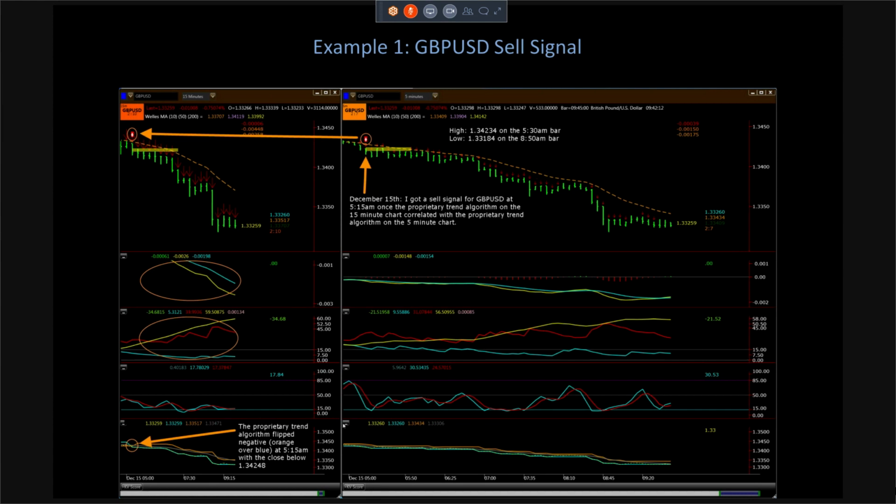So the trend is negative, you can see here. Not once is it telling me to be long pound US dollar. It's telling me to be short the whole way.